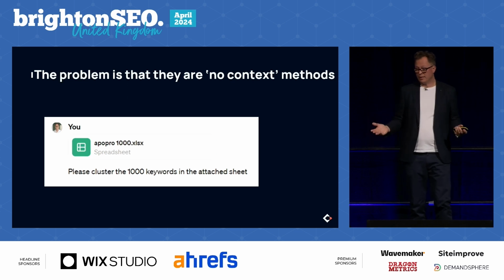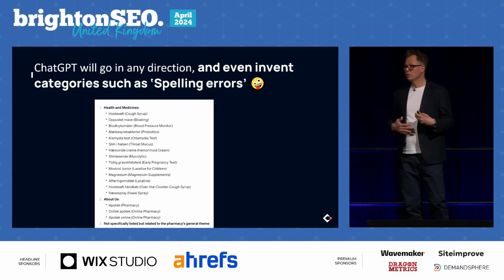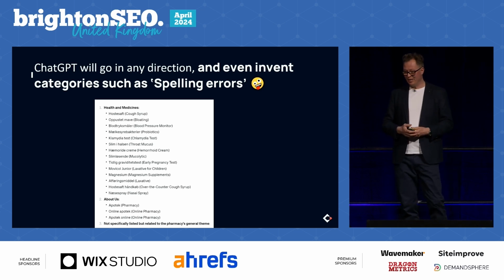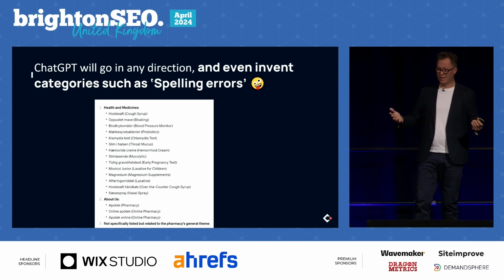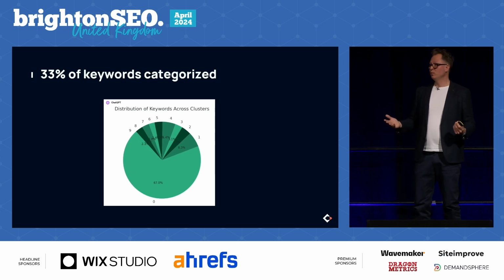So for instance, if I ask ChatGPT, please cluster these 1,000 keywords for me, ChatGPT will just go haywire. It will go in any direction and come up with different categories. For instance, spelling errors should be a category. I will also only get 33% of these keywords categorized.